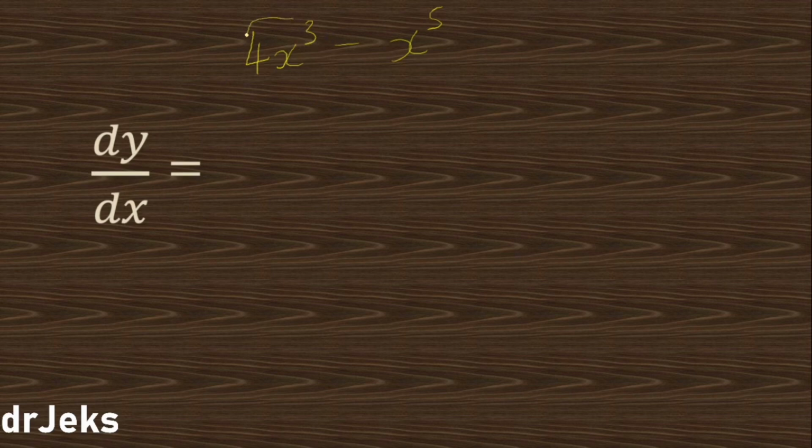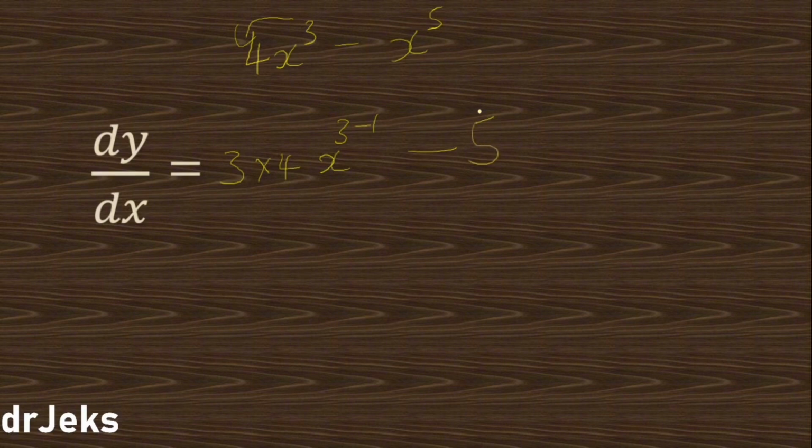So this 3 will come to multiply that 4 there, the coefficient of x. So it will be 3 multiplied by 4 and multiplied by x to the power 3 minus 1. Again, we're going to do the same process. The coefficient of x is 1 this side, so we're just going to leave it like that.